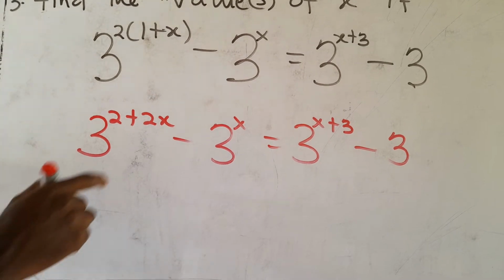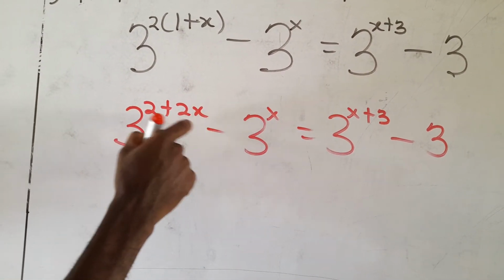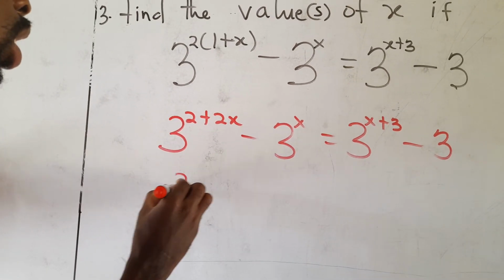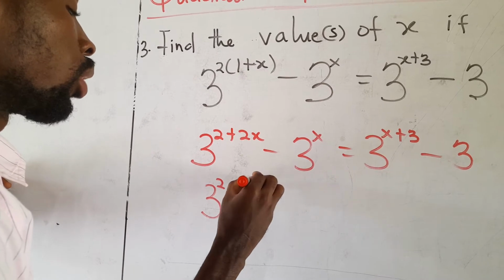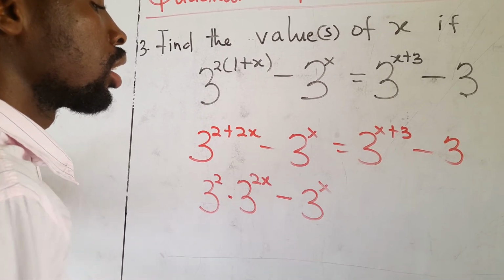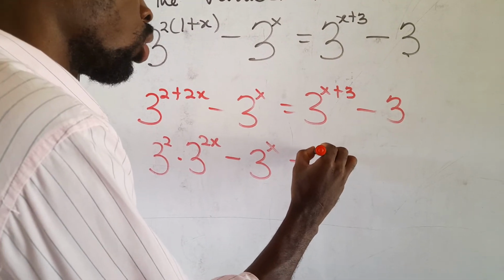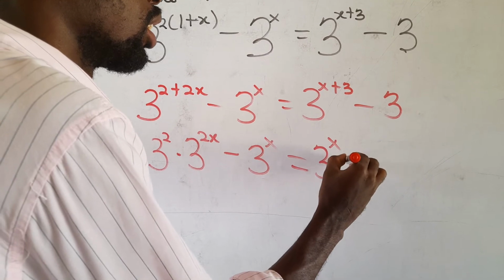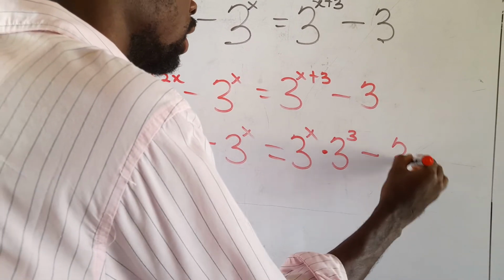What do we do? We apply the laws. When two indices are multiplying with the same base, we add the exponents. So we change it back to that. We say this will be 3 exponent 2 times 3 exponent 2x minus 3 exponent x equal to, in the same way, 3 exponent x times 3 exponent 3 minus 3.